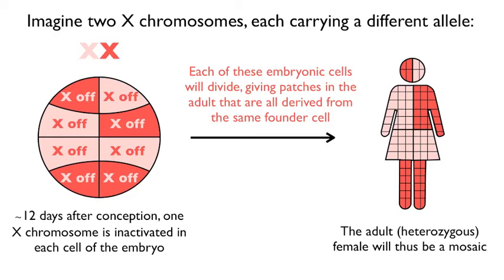Some of the cells have one X chromosome inactivated, other cells have the other X chromosome inactivated. When that embryo grows up, the adult organism will reflect the mosaicism of the 12-day-old embryo, which means that adult mammalian females are mosaics.